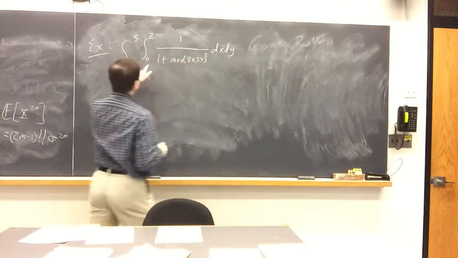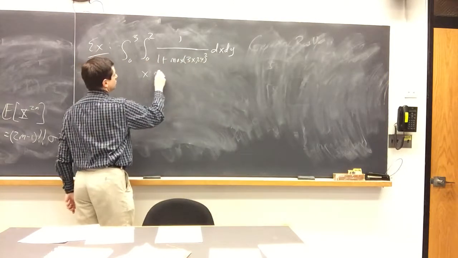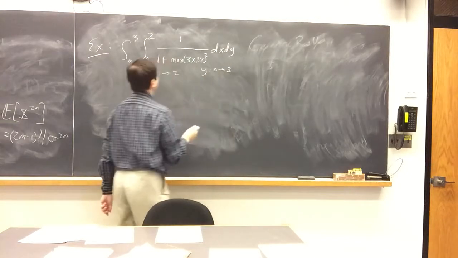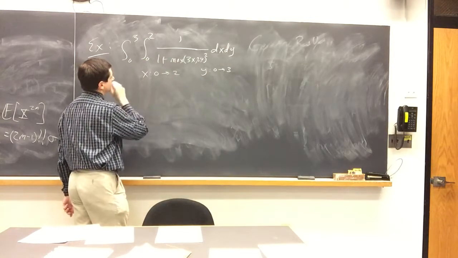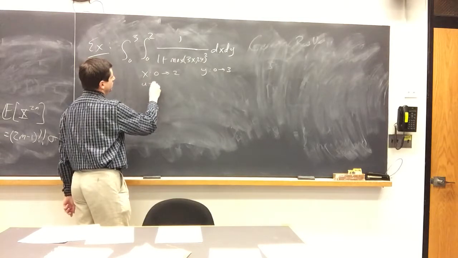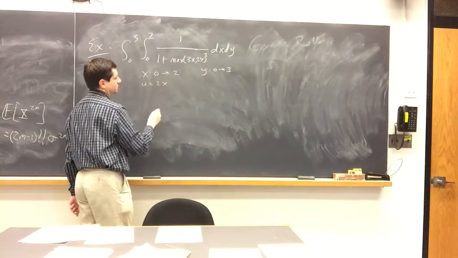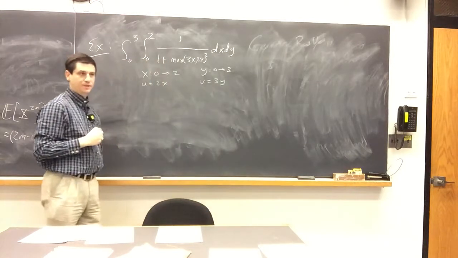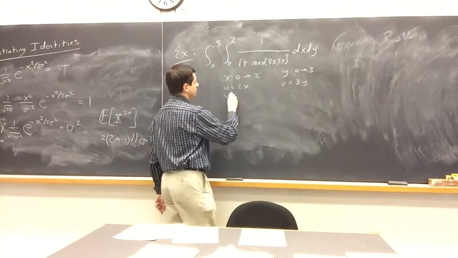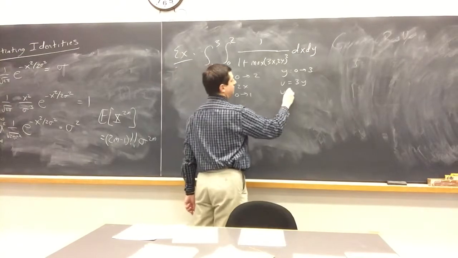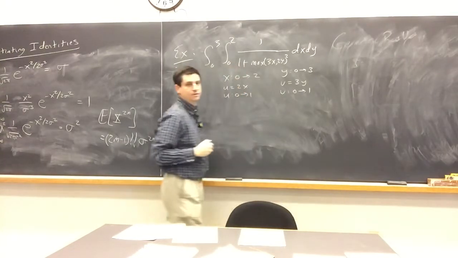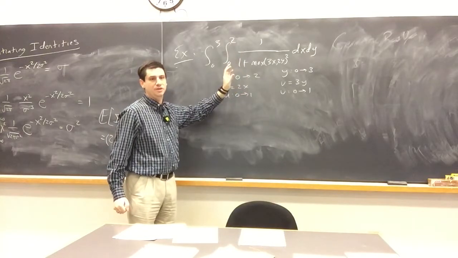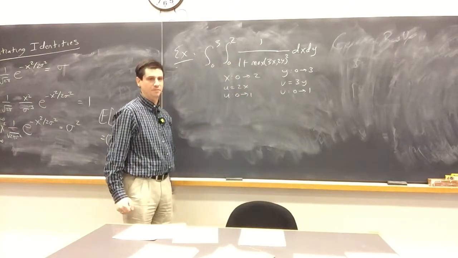So I've got x goes from 0 to 2. I've got y goes from 0 to 3. Let's let u equal 2x, and let's let v equal 3y. And now u is going to go from 0 to 1, and v is going to go from 0 to 1. So whenever I see something like this, my first thought is, can I symmetrize things a little bit so that the roles of the variables are the same?